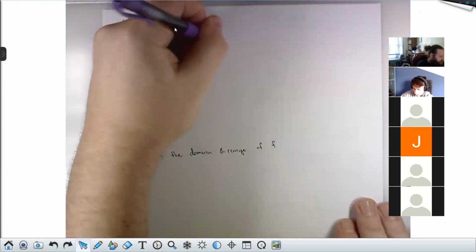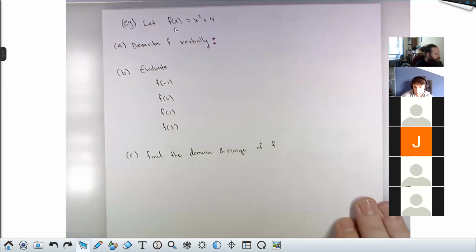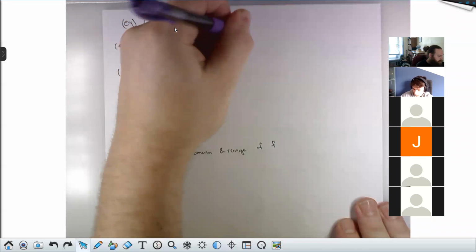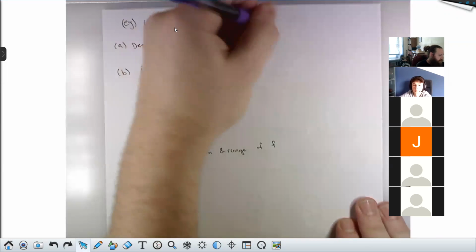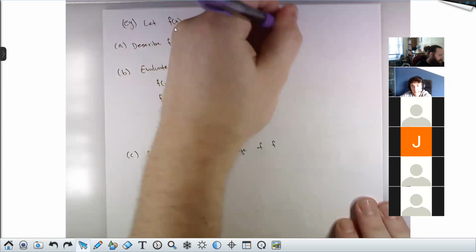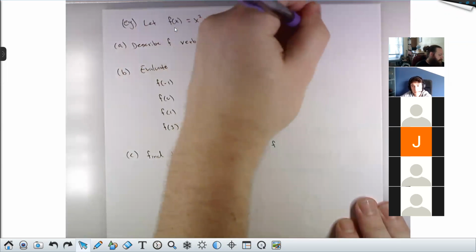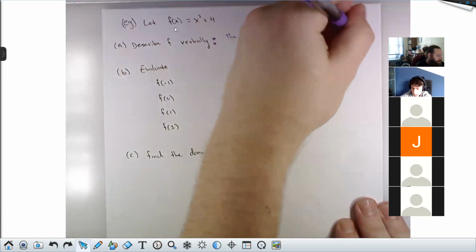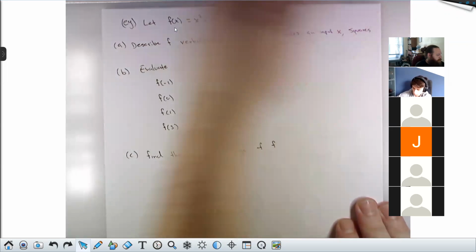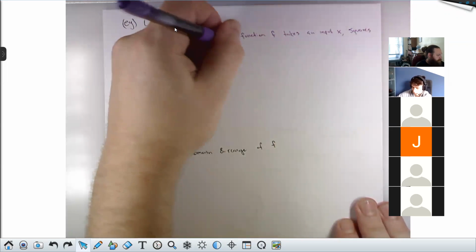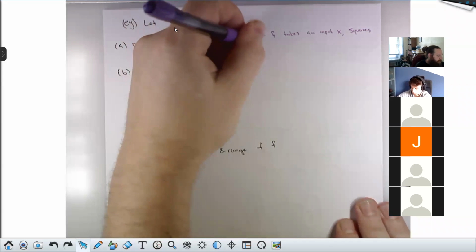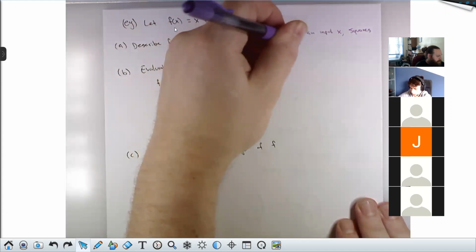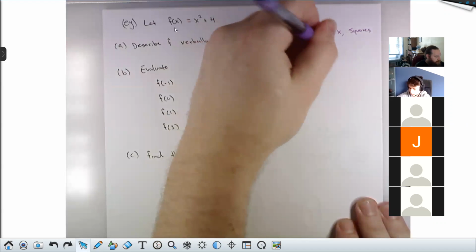So a verbal description of this function, I could say the function f takes an input x, squares that input, then adds 4 to the result.